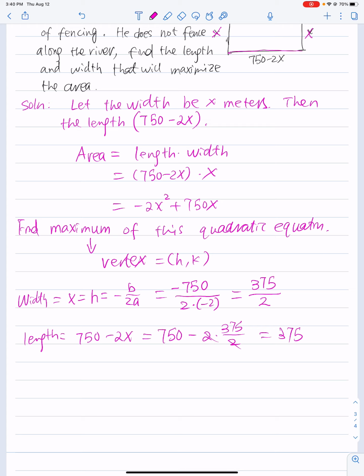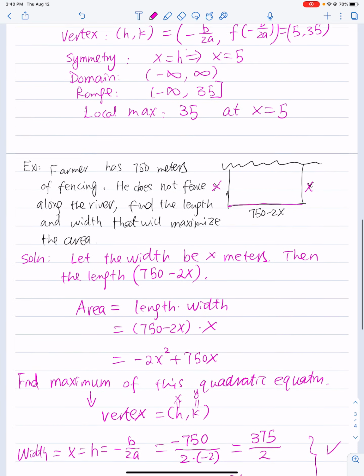Okay, so we find the length and the width that will maximize the area. Are you with me? Because this is x, this is y. So this is how you do the word problems.